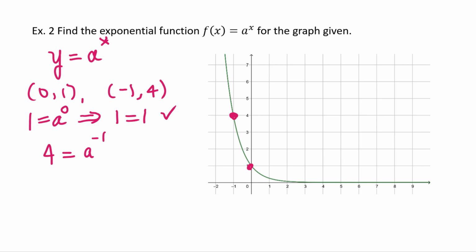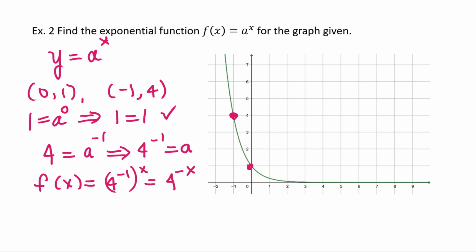We take the power to the -1 on both sides, and we get that 4 to the -1 equals our base a. So now let's write in 4 to the -1 for the base a. We have f of x equals, and where the a was, we'll write 4 to the -1 to the x, which is 4 to the -x.